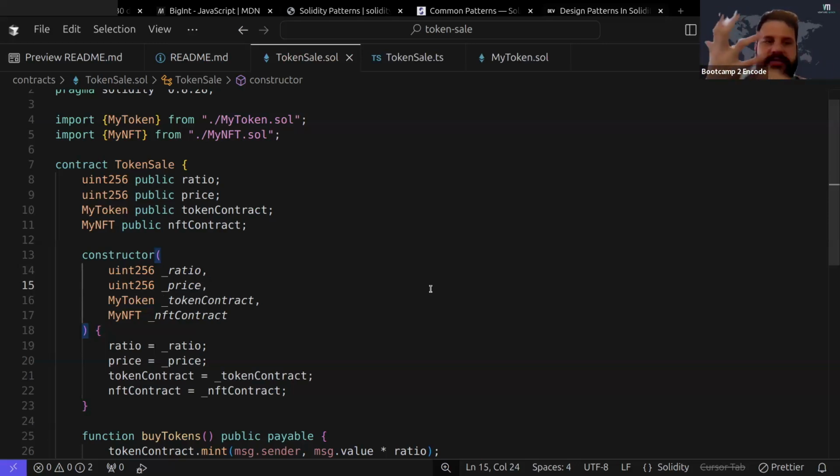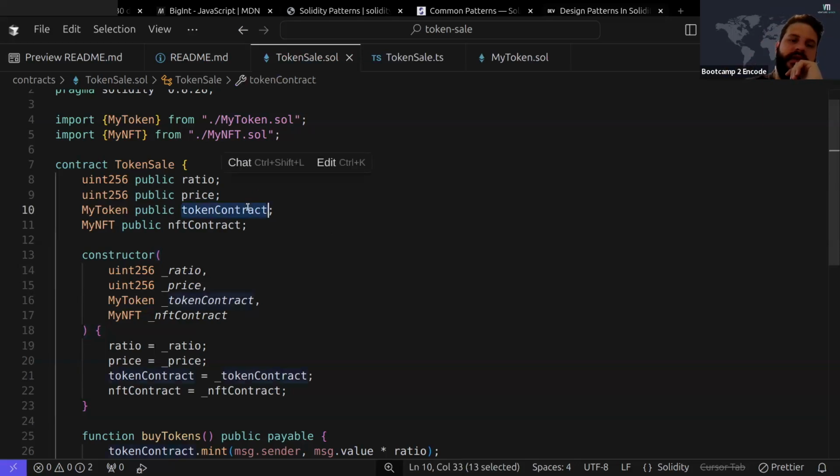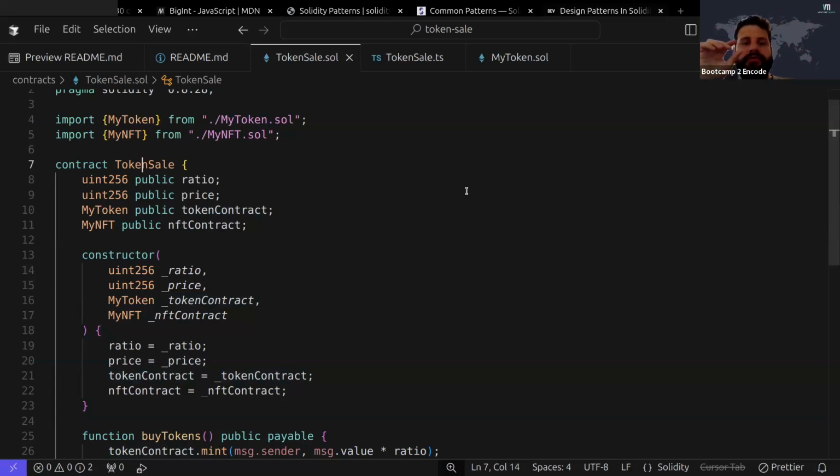But it's not changing what is happening. It's not like this token contract is going to have all of the members of MyToken on the token sale, something like that. It's just a pointer. Okay, if you know C or Rust or Go, you know those pointers. So this is just a pointer to the address. It's not the actual entire object repeated again.